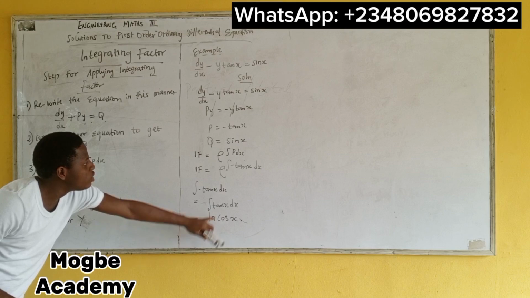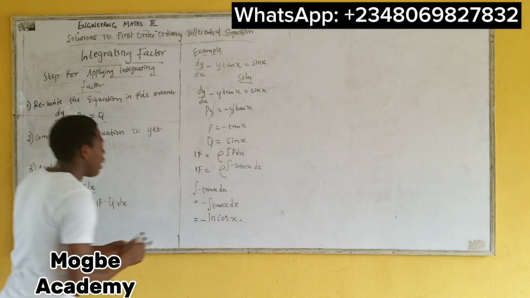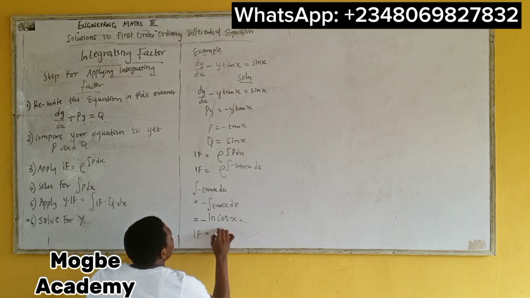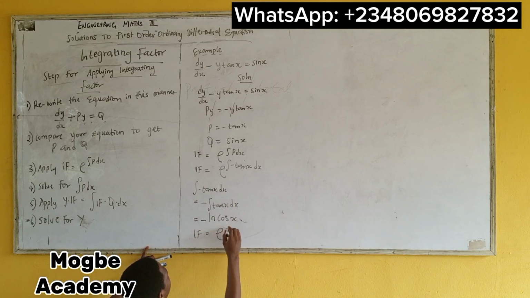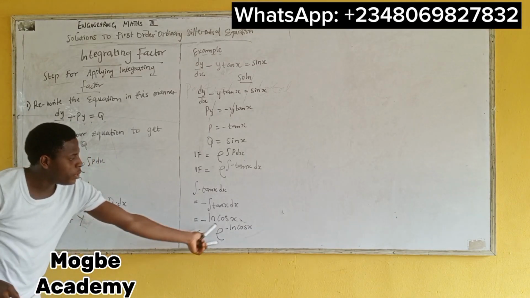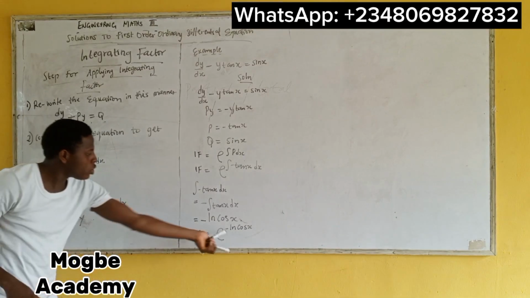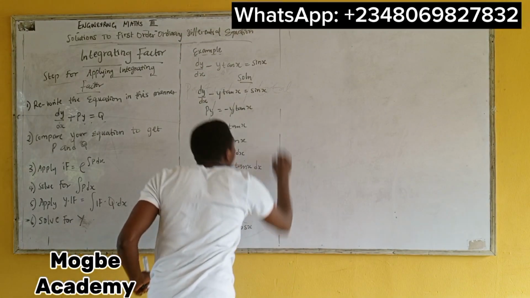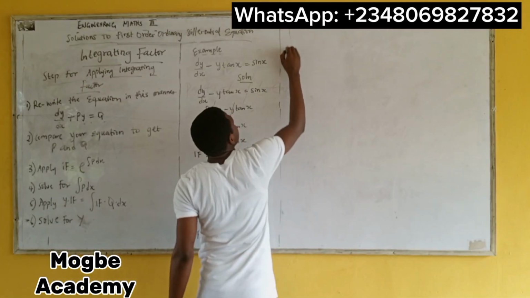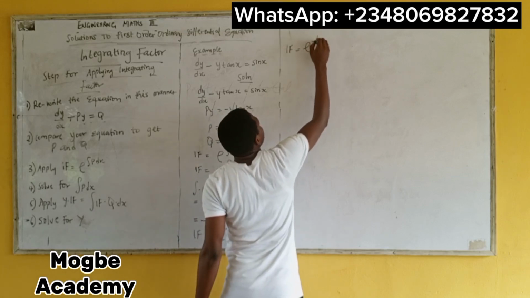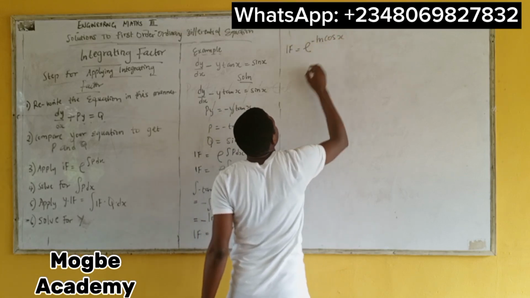Now taking this back into this equation, that's why we are not using c. I told you that. So IF is equal to exponential minus ln cos x.